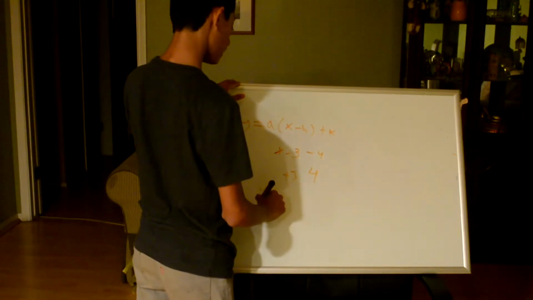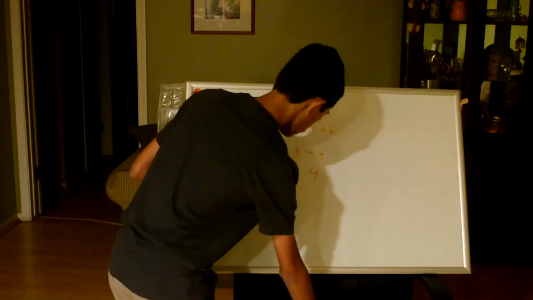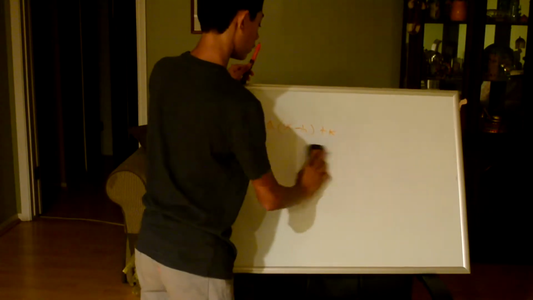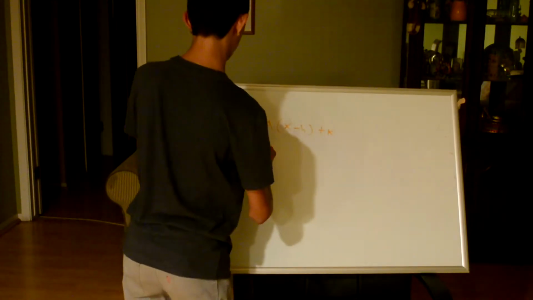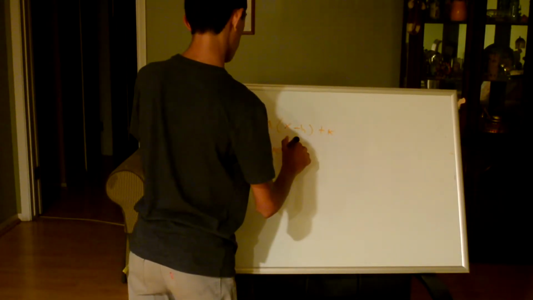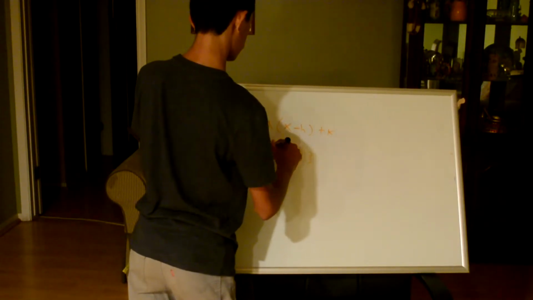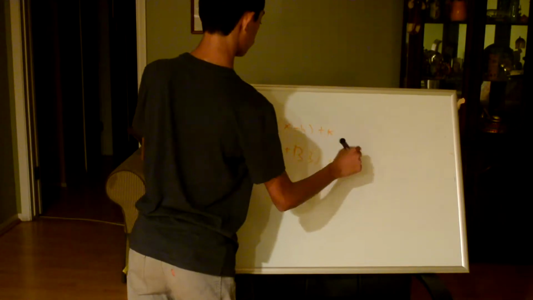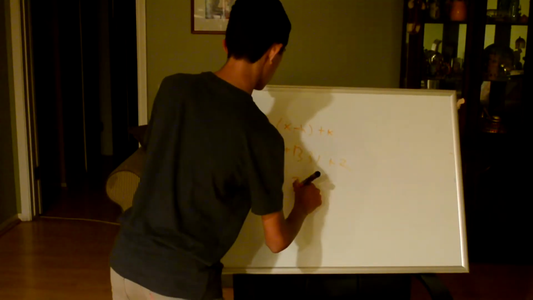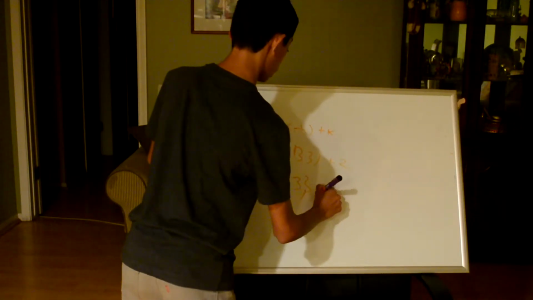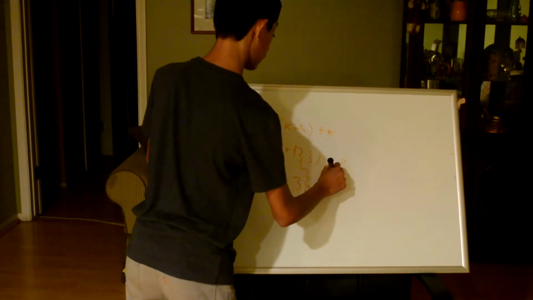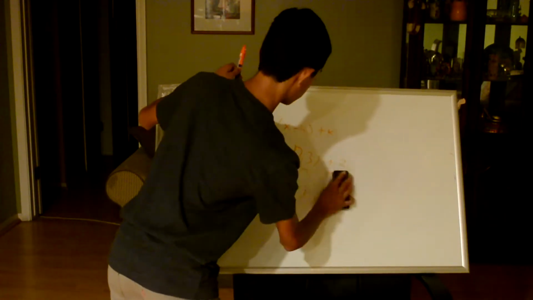If it's positive 4, it will be negative 4. Okay. So if you want to find the h, k, let's say for example it will be y equals (x plus 3) squared plus 2. Then it will be negative 3 and 2. That will be the h and that will be the k. Okay?